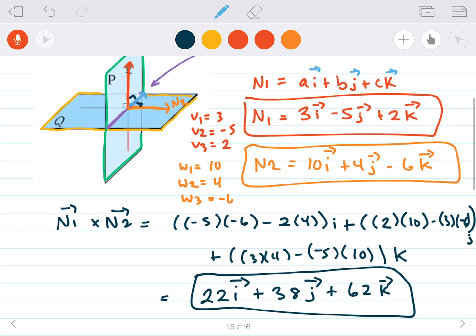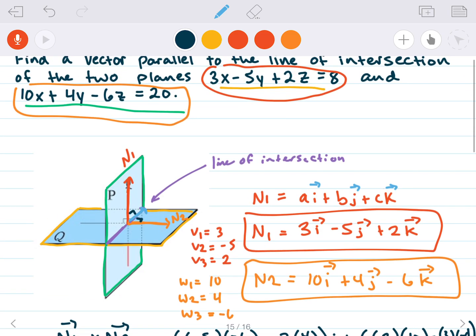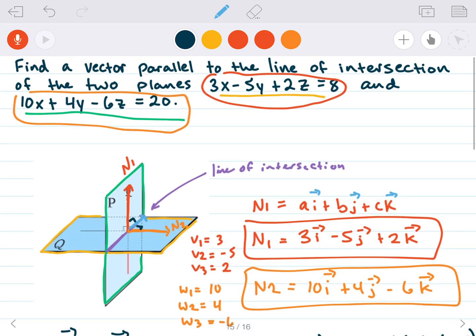So this vector is perpendicular to both N1 and N2, and it's parallel to the line of intersection of the two planes P and Q, or the yellow plane and the green plane.